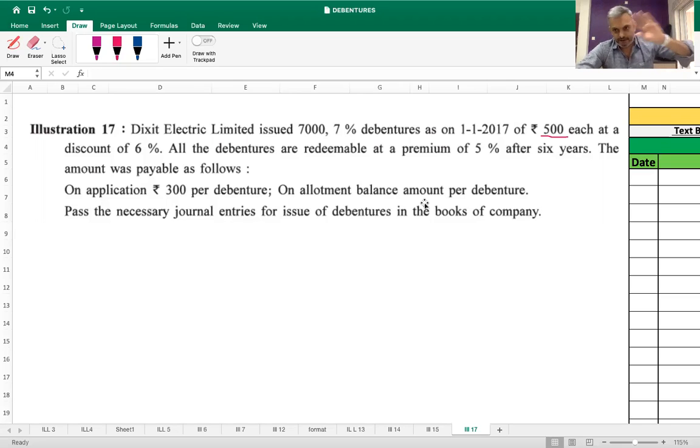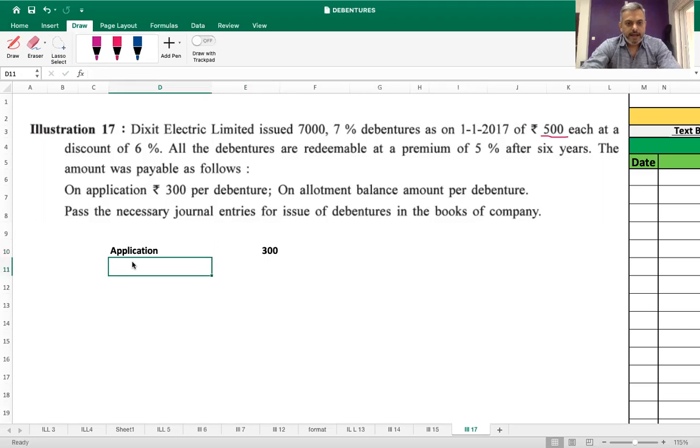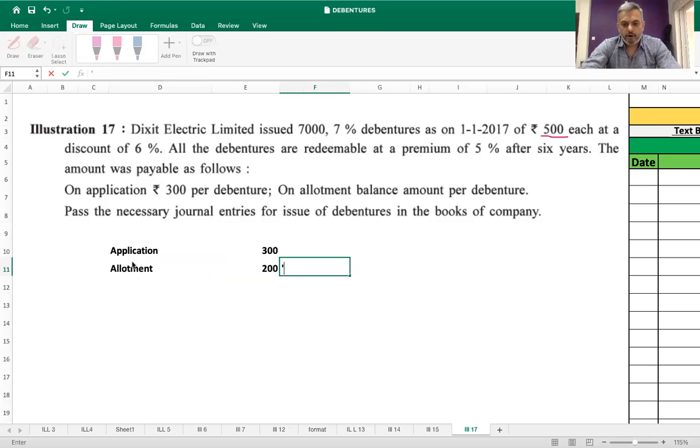So your application is separate, allotment is separate. Pass journal entries for issue of debentures in the books of the company. So at the time of application, it is 300, and allotment, it will be rupees 200. But discount and all, we will be adjusting on allotment. So this will have discount of 6%, that is 30, so net is 170.